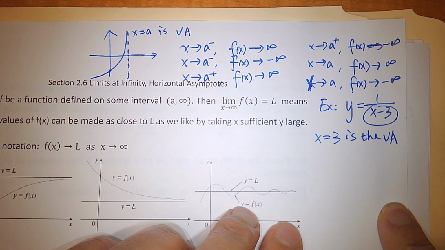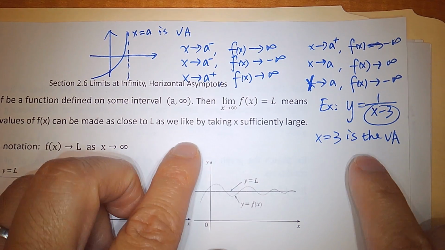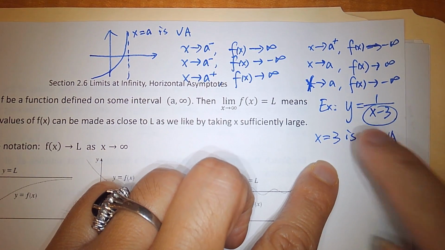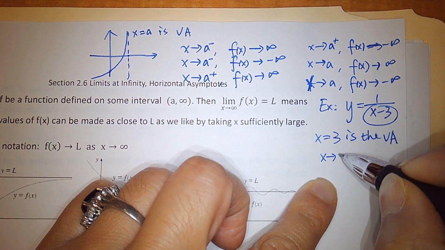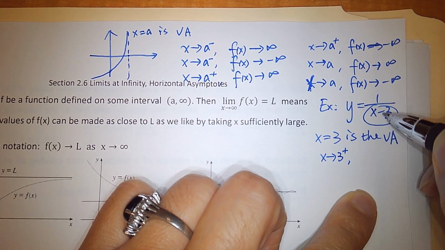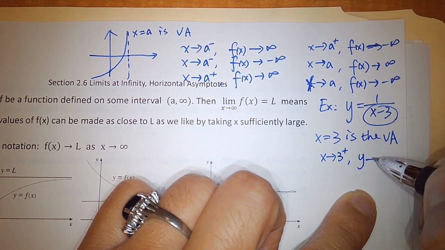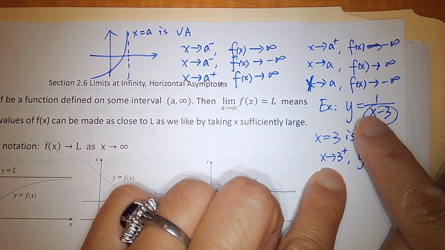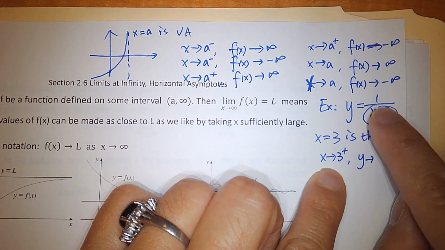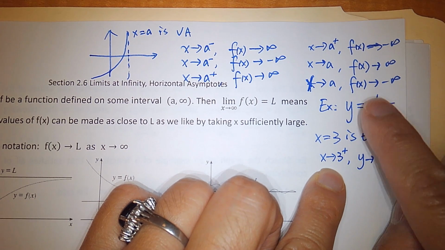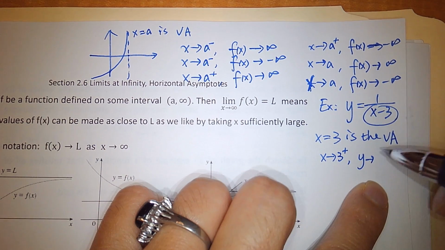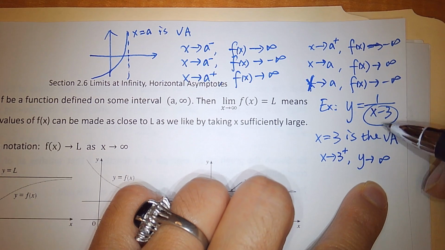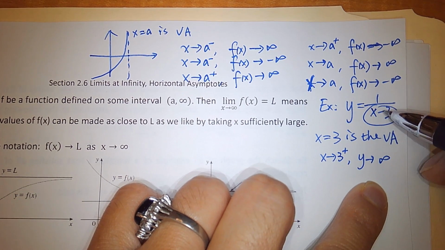Now, how do you know if it goes to positive or negative? Because when x approaches 3 from the right, y approaches where? 3 plus minus 3 gives us 0 plus, so 1 over 0 plus is positive infinity, because 0 plus gives us a positive number, and 1 is positive.